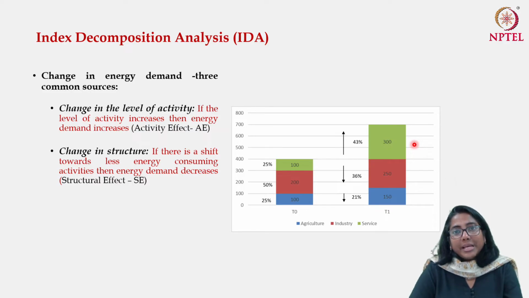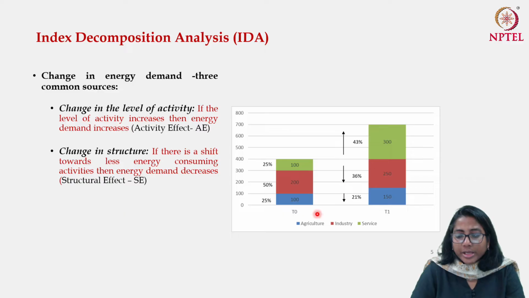Now, what is the implication of this structural change to the energy demand of an economy? It goes like this. If you think about these three sectors, agriculture, industry and service sector, the service sector is the least energy intensive. So, in order to produce 1 unit of output in the service sector, you require the least amount of energy if you compare it with the agriculture or industry sector.